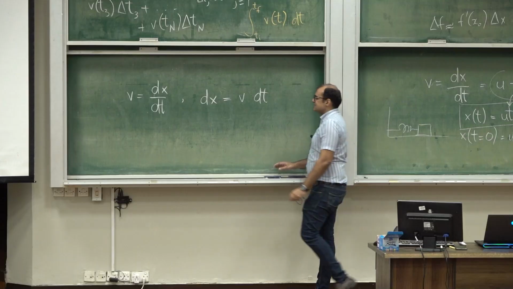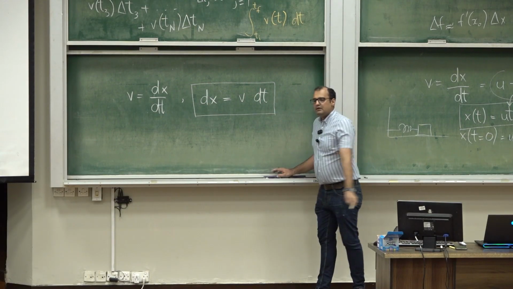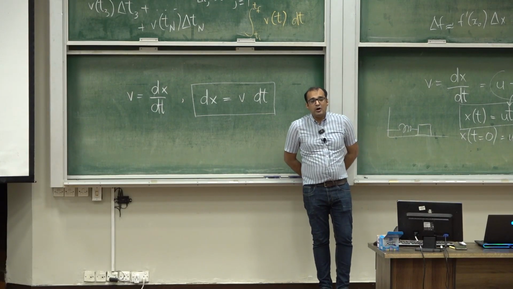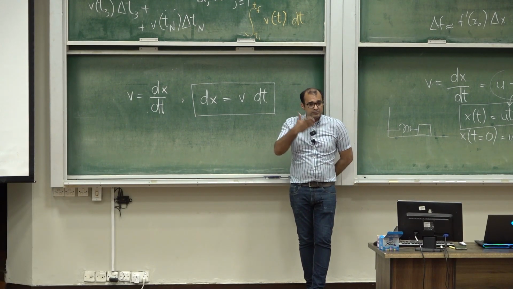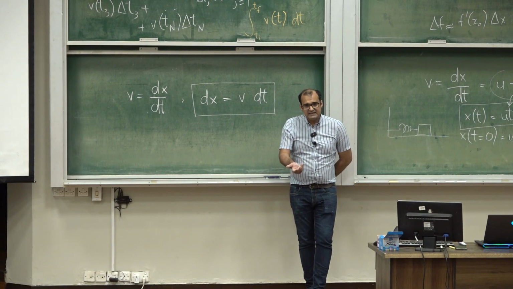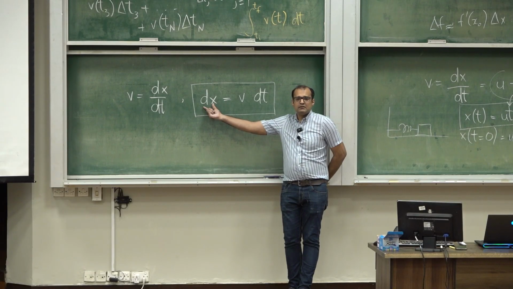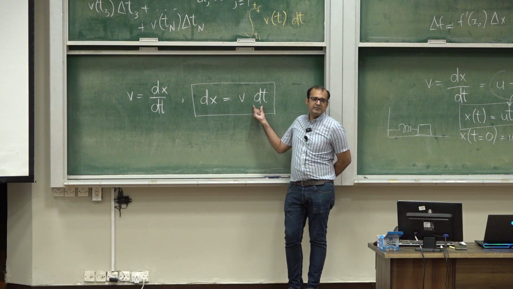You can rearrange this into this. What is this thing telling you? If you chop up your time interval into small pieces, small slices, for any slice, the change in position equals the velocity for that time slice times the time interval. That's what this equation is telling you.